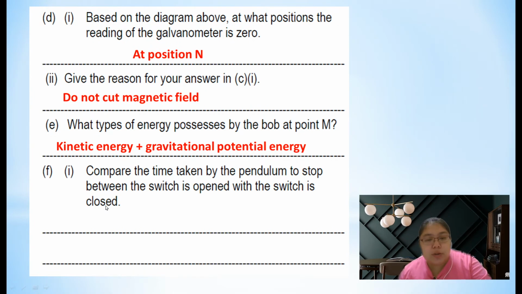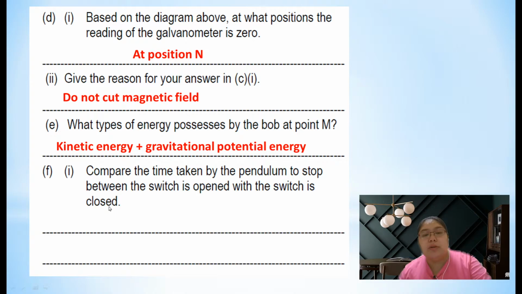So you tell me, normally you just use common sense to think: if you're using the hand to swing, in the first round we swing, we provide all the force. We force the bob to swing, is it? Okay, after the second round when they come back, they have lost energy already. Then slowly they finish. Okay, if I use the switch, when I just switch on, all the current goes. Okay, they start to swing. Swing must be maximum. Okay, now I switch off. I just take out the switch.